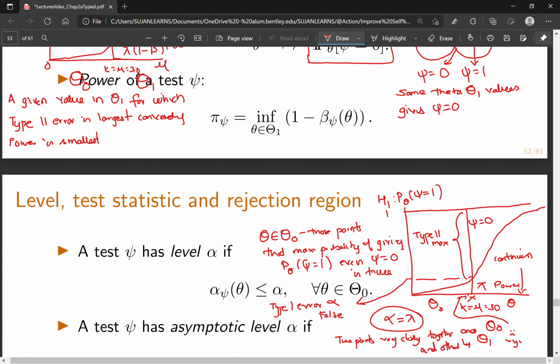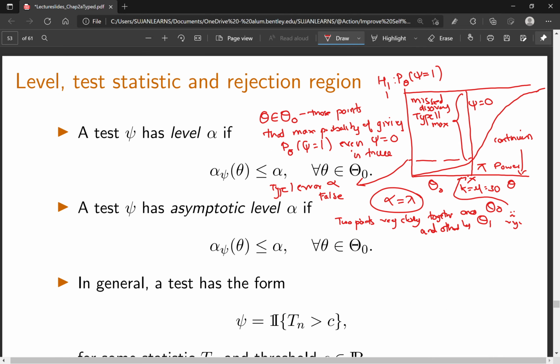One point has a probability of giving you false discovery, while the other point has the maximum type 2 error, which is misdiscovery. Since they are very close together, they will give you about the same level. Both probabilities are almost the same, and they are giving you these two pieces of information here.